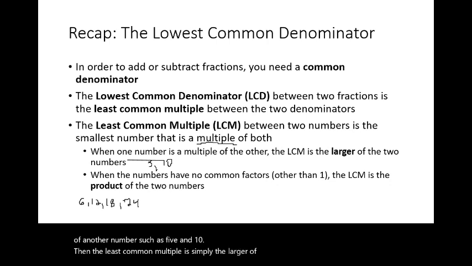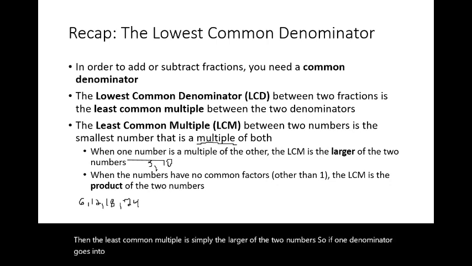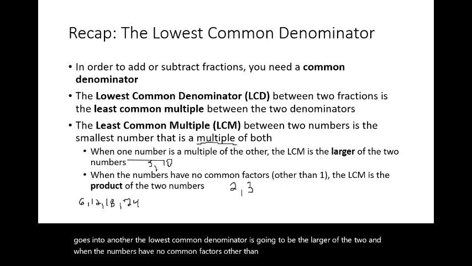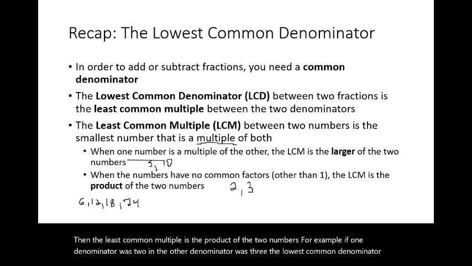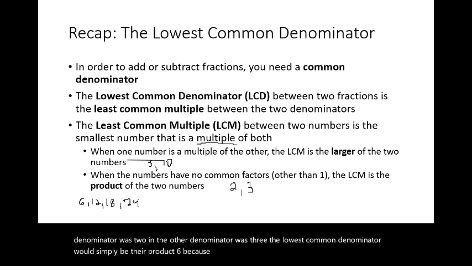So if one denominator goes into another, the lowest common denominator is going to be the larger of the two. And when the numbers have no common factors other than 1, then the least common multiple is the product of the two numbers. So for example, if one denominator was 2 and the other denominator was 3, the lowest common denominator would simply be their product 6 because they have no common factors.